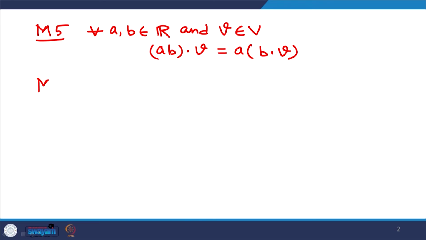And the last property is that is called unitary law. So, what is this unitary law?